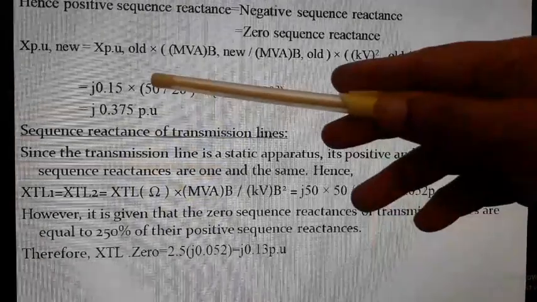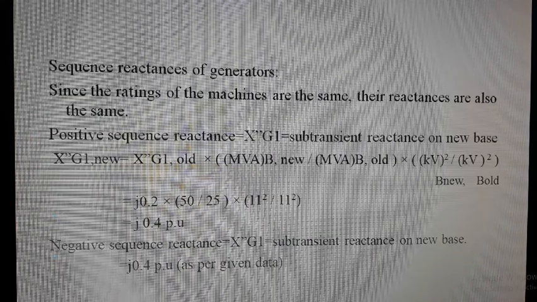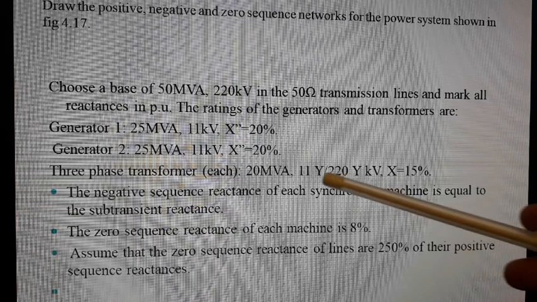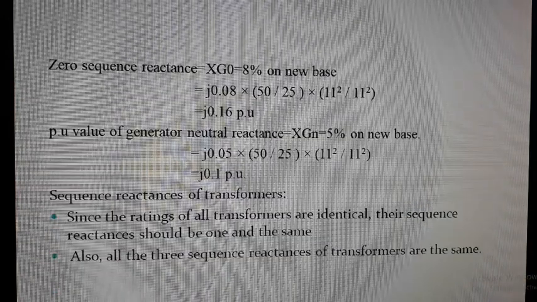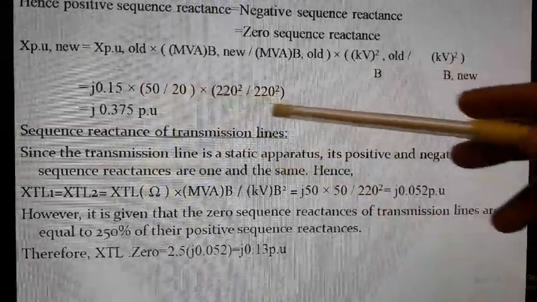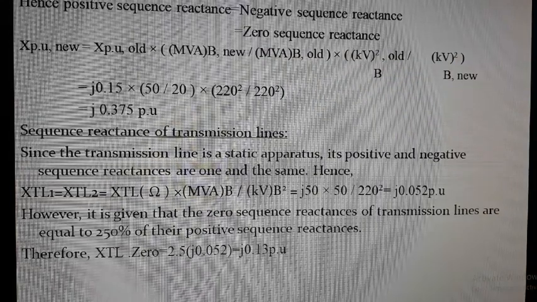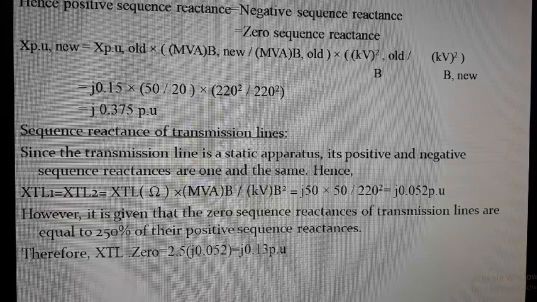Again we will find it for the new base for the transformer. j0.15 is the transformer reactance given. The transformer, see here, j0.15. So j0.15 into the same formula for the new value, with MVA base. When we use that formula we get the value 0.375.